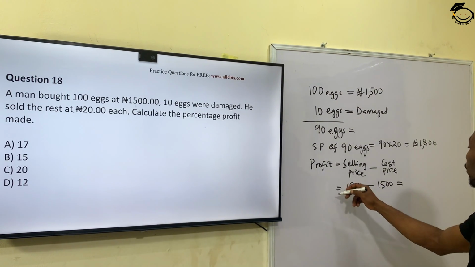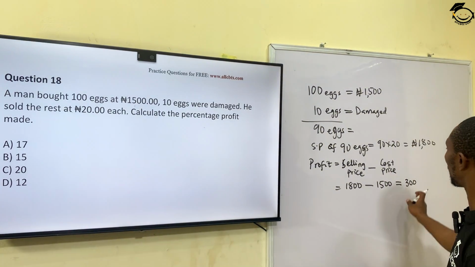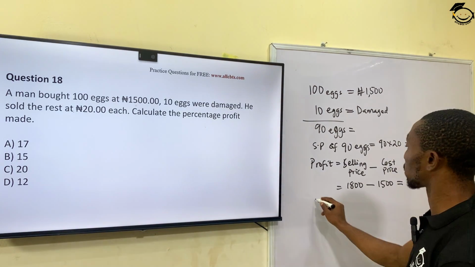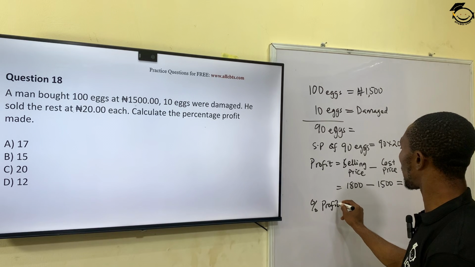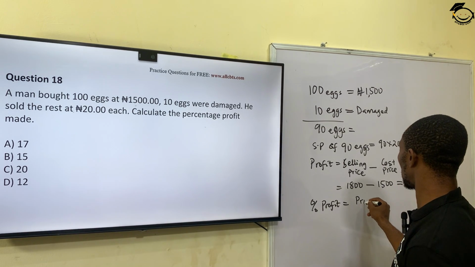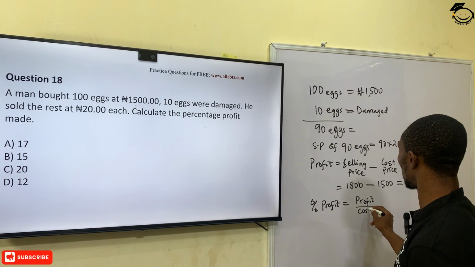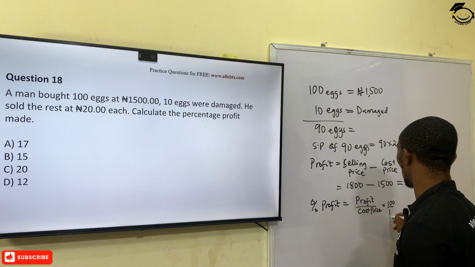So our profit will be 300. Now, for percentage profit, our percentage profit is profit over cost price times 100 over 1.